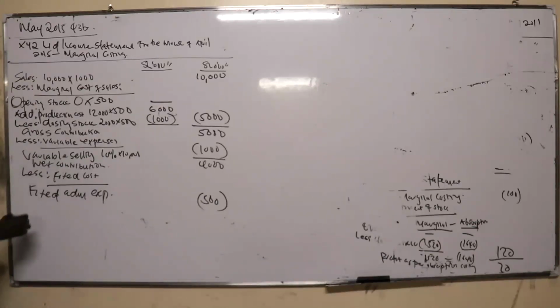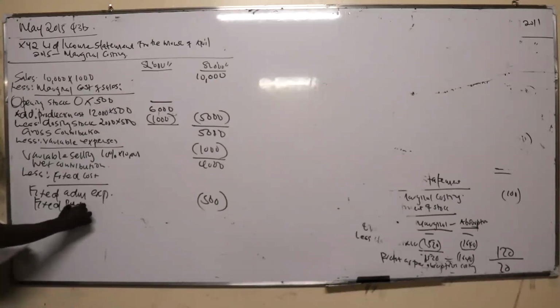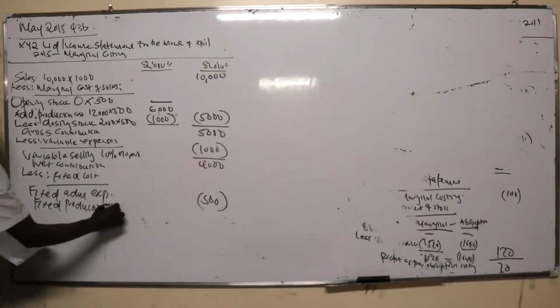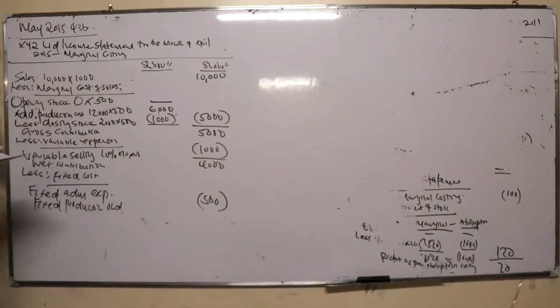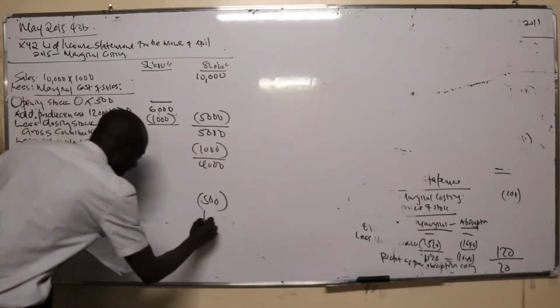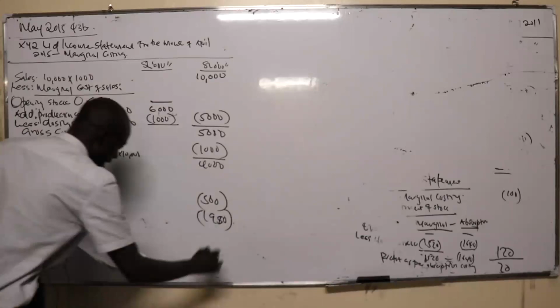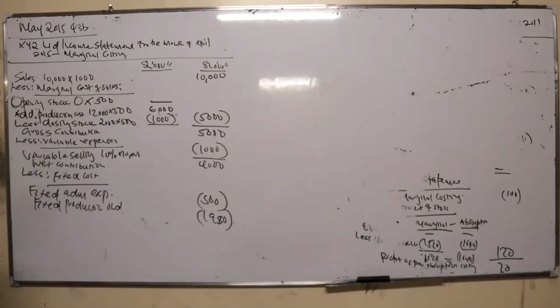And then fixed production overheads is 1,980. So you less the total fixed production there, 1,980.